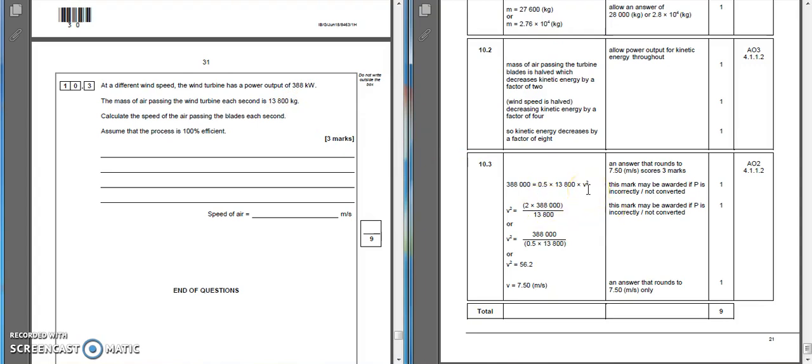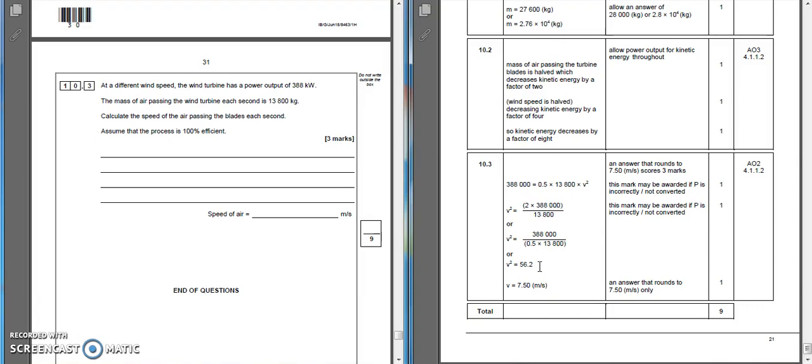We don't know what v squared is. So if we got v squared and timesed it by these two numbers, we'd get 388,000. So if we got that number and divided it by a half and divided it by 13,800, we'd find out what v squared is. V squared is 56.2. Pop that into your calculator and square root it. We find that the velocity is 7.5 meters per second.